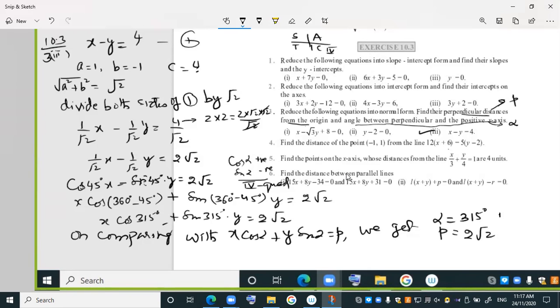So alpha is equal to 315 degree, p is equal to 2 root 2. So this is a different case where we are converting into the normal form, not the previous type of things.